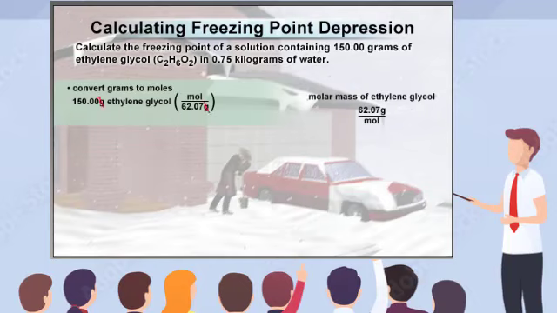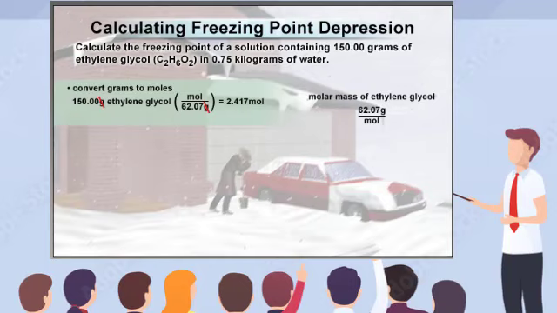Dividing 150 grams by 62.07 grams per mole gives a value of 2.417 moles of ethylene glycol. The next step in solving this problem is to determine the concentration of this solution in units of molality.